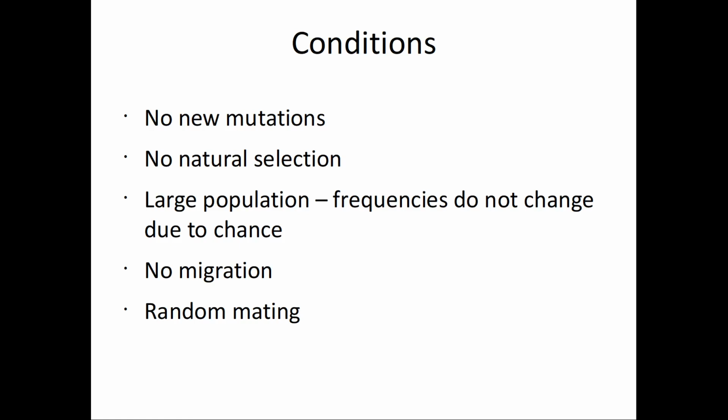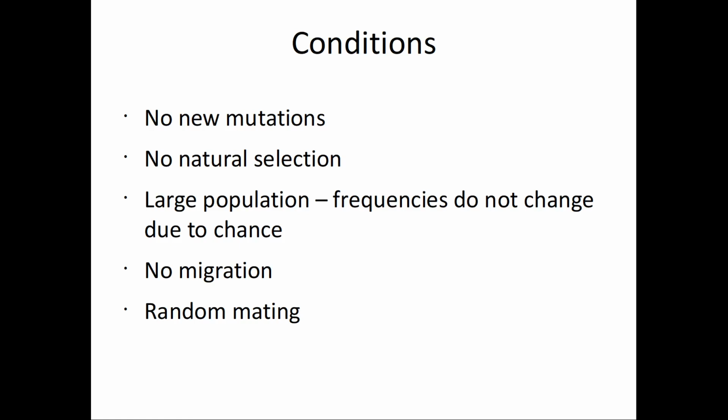All right. Hardy-Weinberg equilibrium conditions: when we said it's not evolving, what we really mean is that we're not seeing any new mutations in the population, so there are no new variants of alleles. There's no natural selection, so this ecosystem exists in a situation where there is nothing selecting against anything in the population.